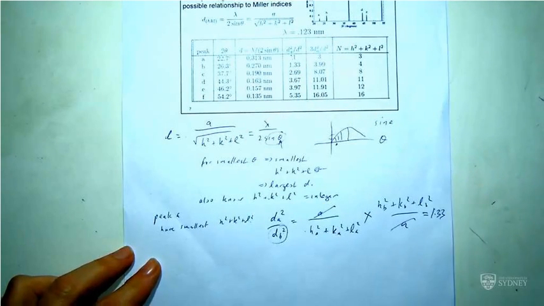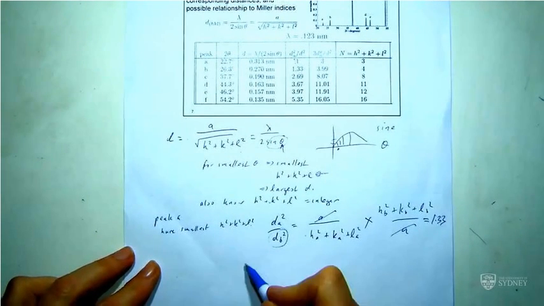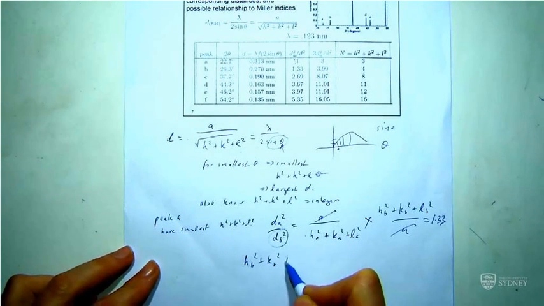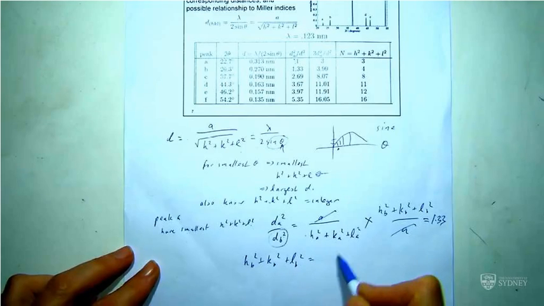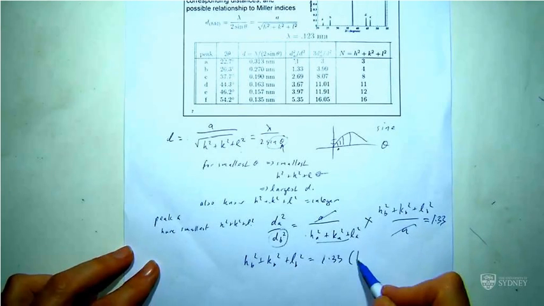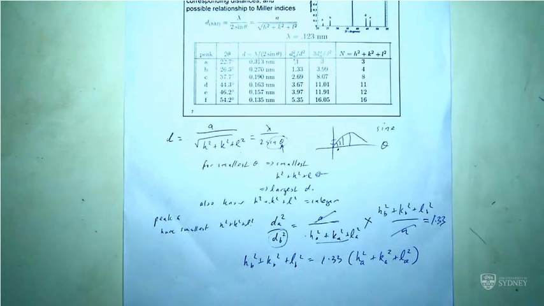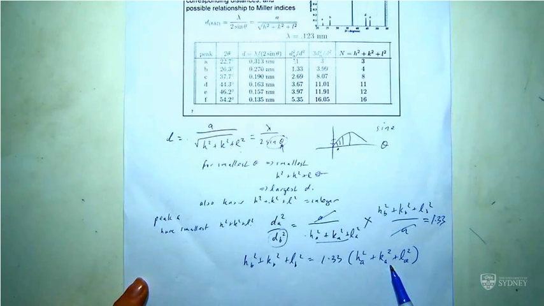So then we can say we need to find hB squared plus kB squared plus lB squared being equal to 1.33 times the Miller indices squared and summed for peak A. And I think that's basically all we have got. We know that these have to be the smallest Miller indices, the smallest quantity.